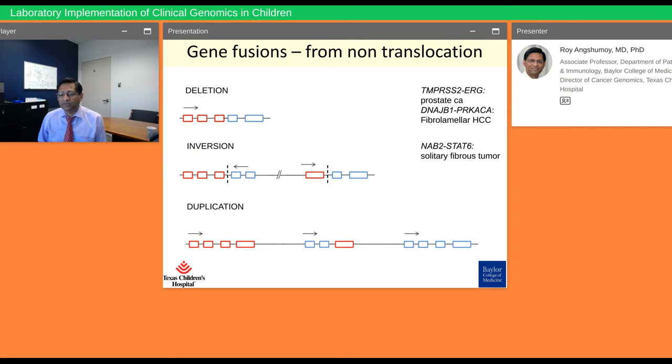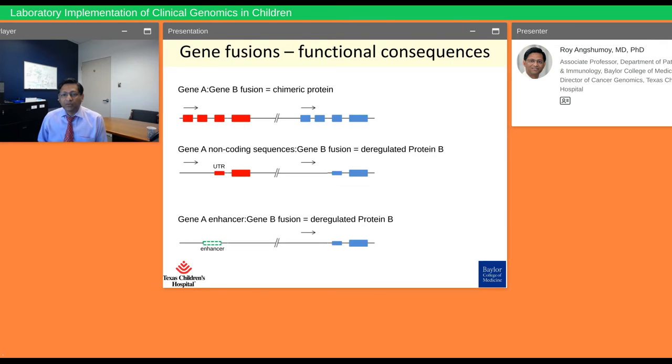Now you have two genes coming next to each other, which are separated in space by several kilobases. So this is an example of intrachromosomal duplication. The best example that we know of is this BRAF fusion that is seen in a pediatric tumor called pilocytic astrocytoma. So what are the functional consequences of these?